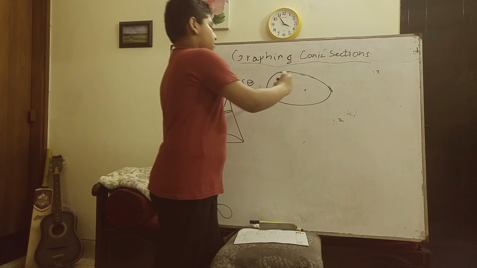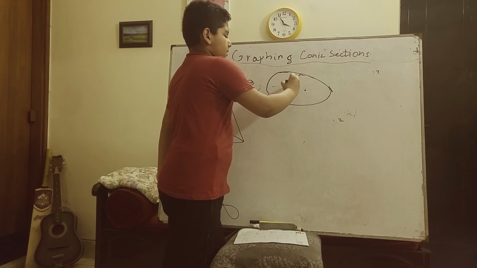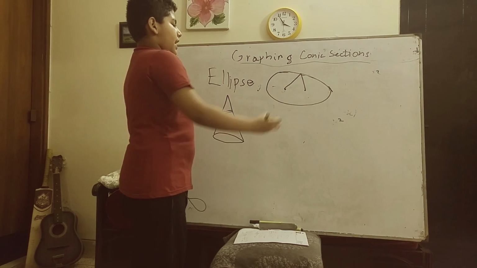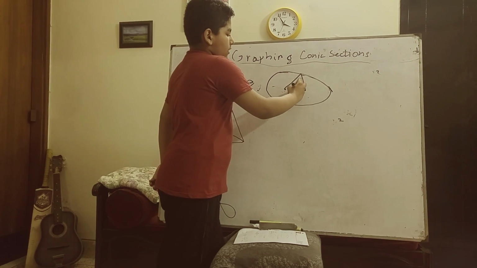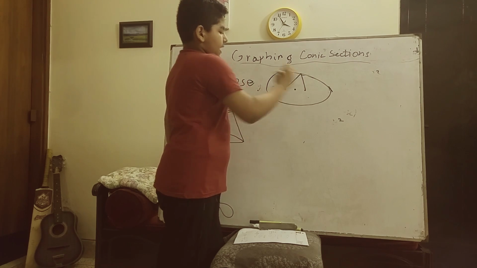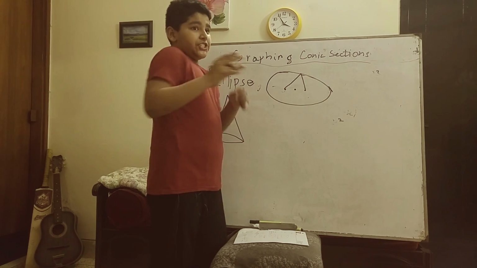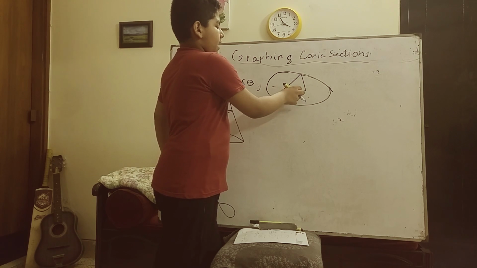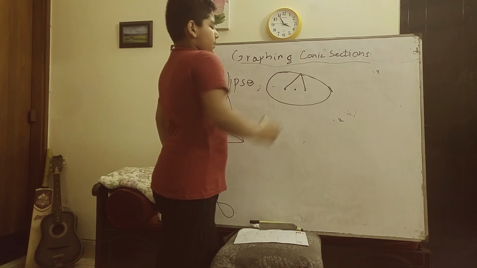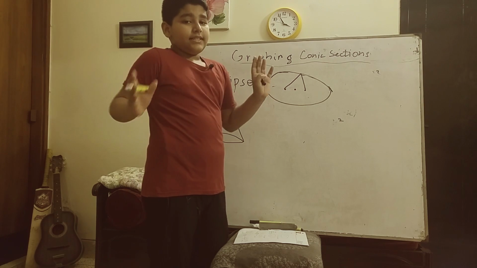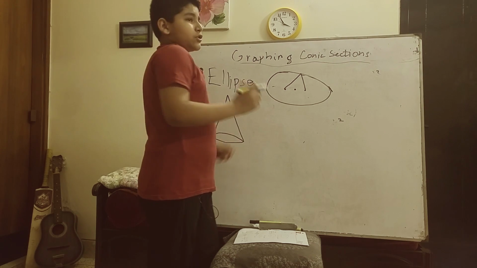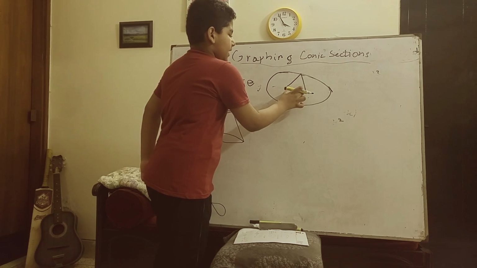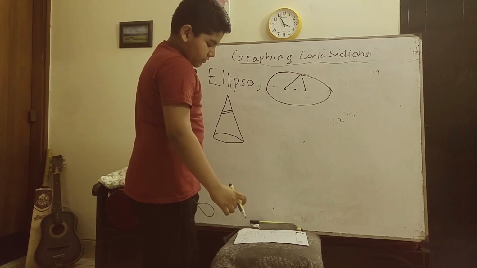Well, by that I meant the points are equidistant to the intersection of both, and the middle of these points is the center. That's why we don't just say the center. And also, when the foci get nearer, its eccentricity gets lower. It means it looks more like a perfect circle when the two foci get near to each other.